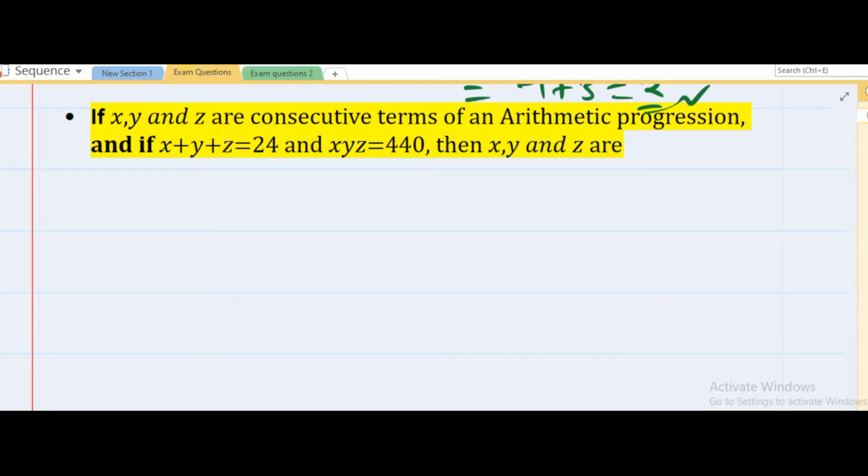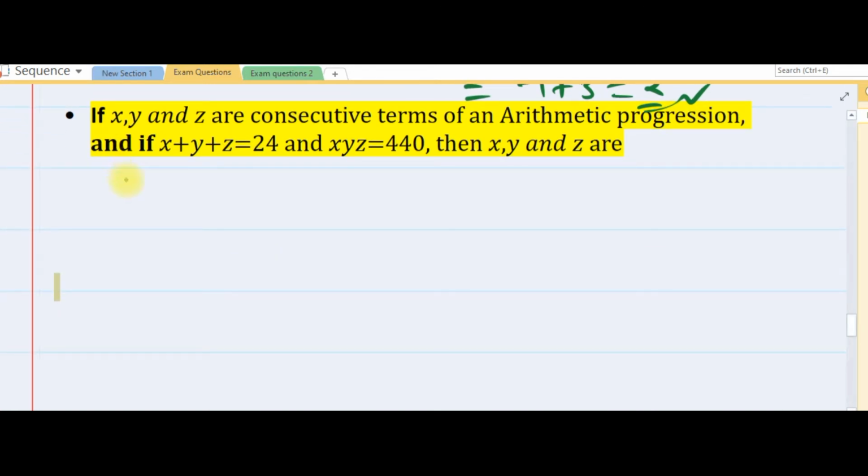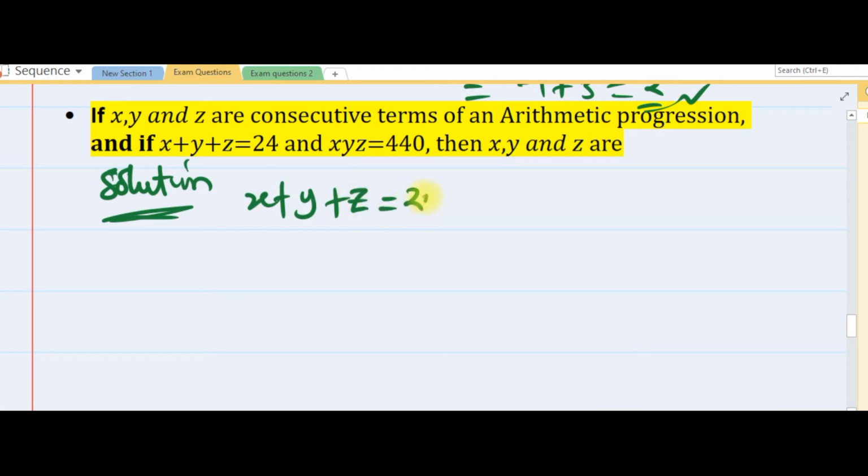So we are given this. From the question, they told us this is an arithmetic progression and x, y, and z are consecutive terms. Since we are given that x plus y plus z is 24, we know that consecutive terms differ, so let the common difference be d.